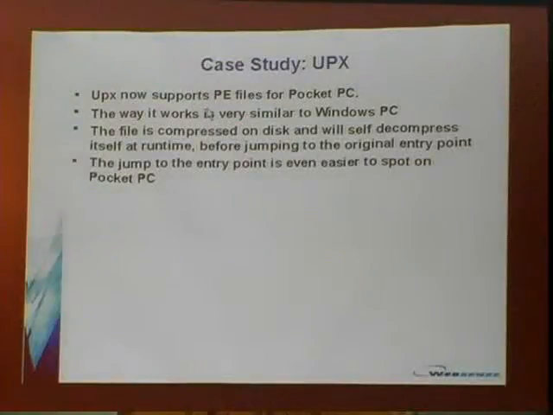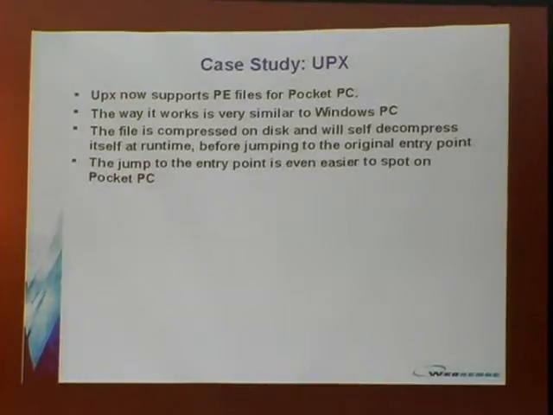So a little example now, UPX. UPX now supports PE files for Pocket PC too. The way it works is very similar to Windows PC. The file is compressed on disk and it will self-decompress at runtime before jumping to the original entry point.